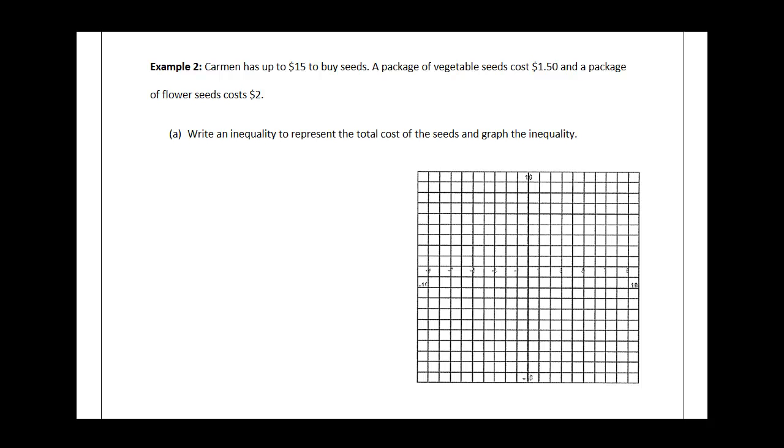Alright, so since we have a word problem here, we need to choose variables to represent our subjects. Let's say V equals the number of vegetable seed packages, and F be the number of flower seed packages.